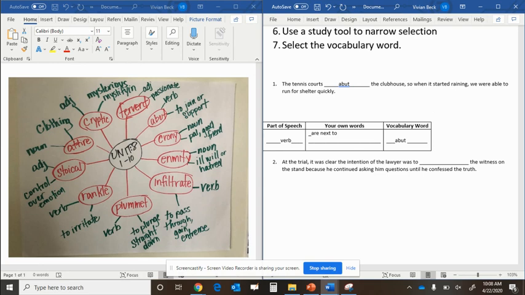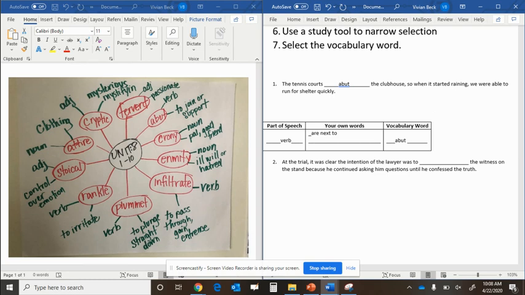Well, we know lawyers can be passionate, so fervent might describe how the lawyer asked him a question. But in this sentence, it says, at the trial, it was clear the intention of the lawyer was to. Was to means it's a verb, right? That's what it usually means if there's that preposition. So fervent is an adjective.